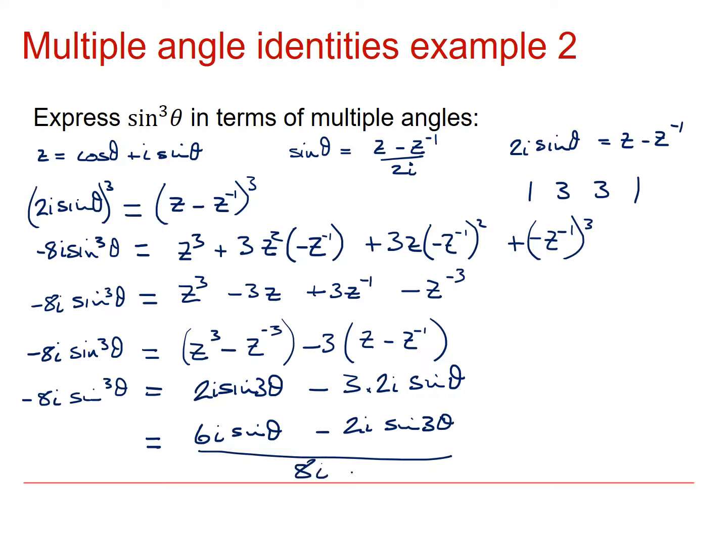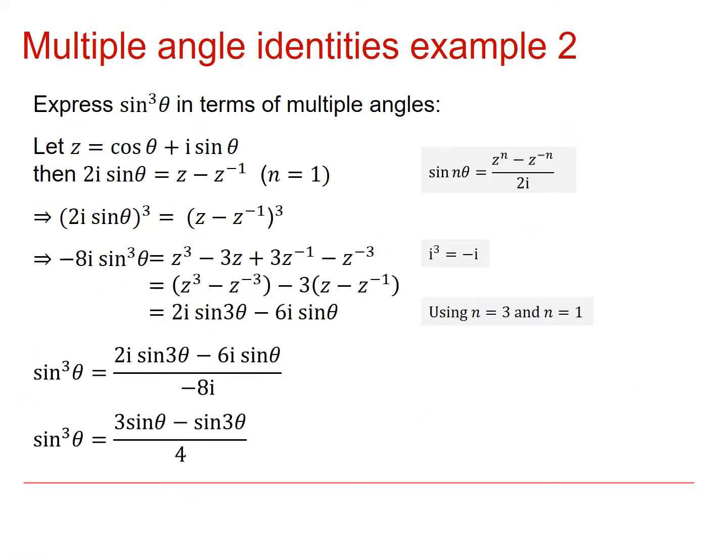The i's will go, and in fact so will a factor of 2, which is just going to give me 3 sine theta minus sine 3 theta all over 4.